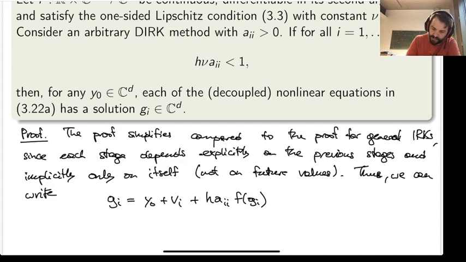I should really write, don't know why this is not done here, f of t0 plus c_i h, g_i. Let me just double check. Yeah.